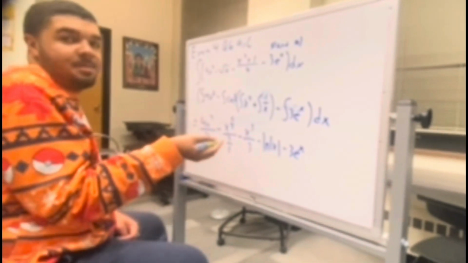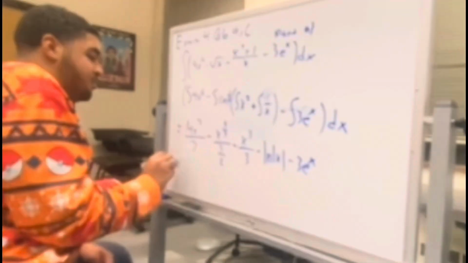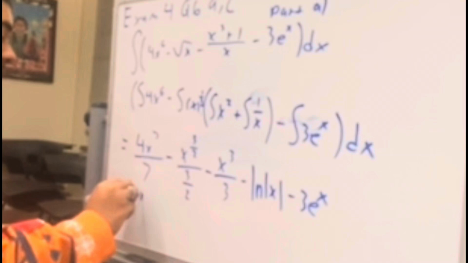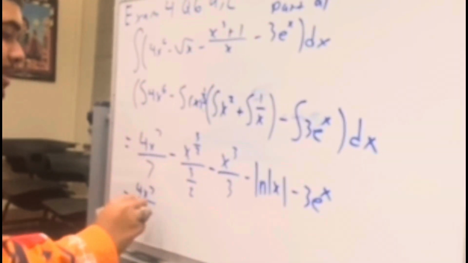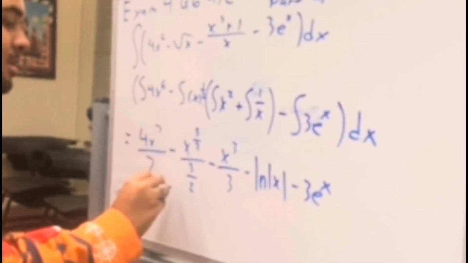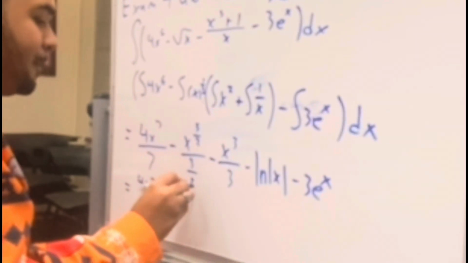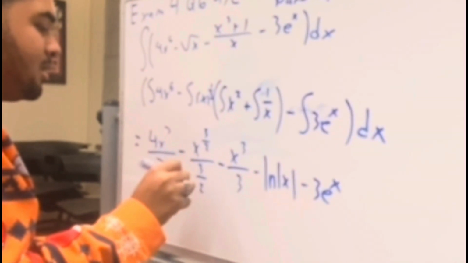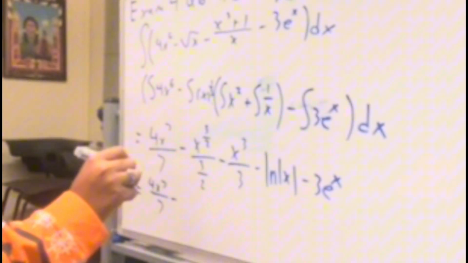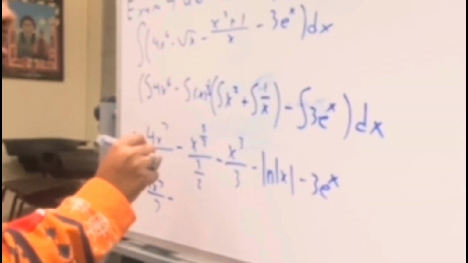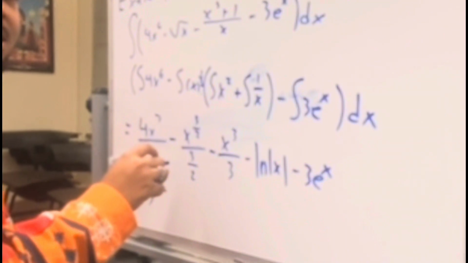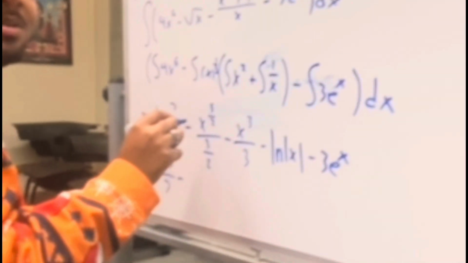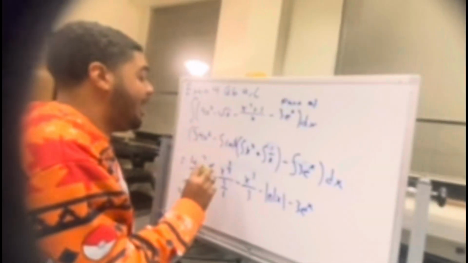And then you can simplify more if you want. It'll be 4x to the 7 over 7 minus, we flip it, I believe it would be 2x to the 3 over 2.